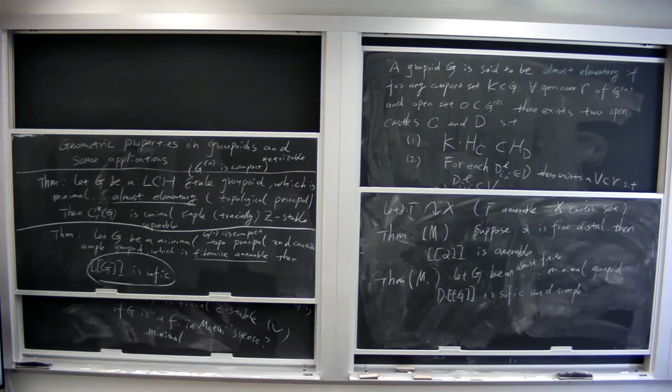Otherwise, if your S_x is not in this part, it should intersect with your F_n x. So S_x is in the F_n x minus this intersection, gamma in F, the gamma inverse F_n x.